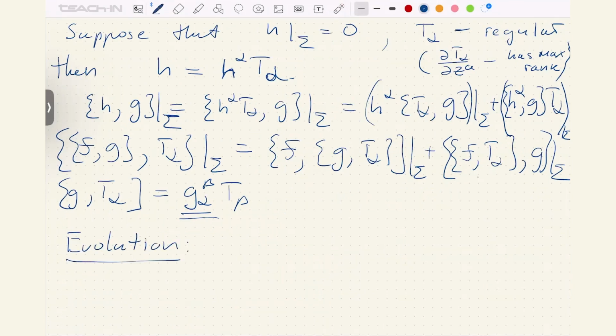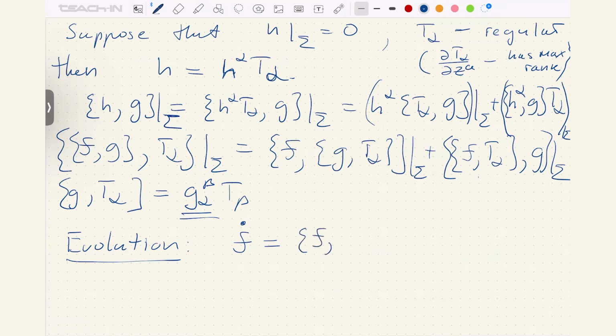Evolution, what it is, you remember that if f is observable, let's write the evolution equation in terms of observables, generic observable rather than coordinates. f dot is equal to f with h plus f with T alpha lambda alpha, right?